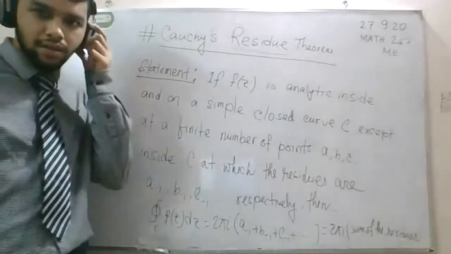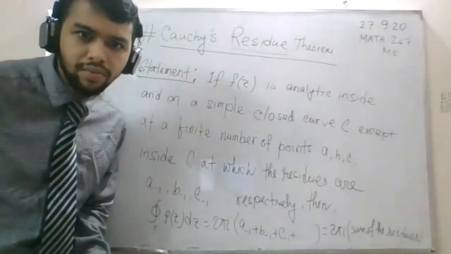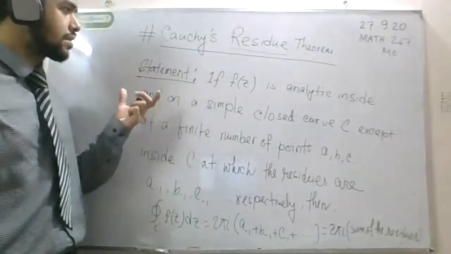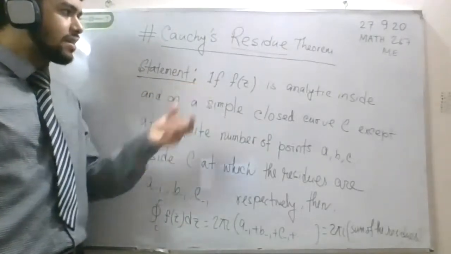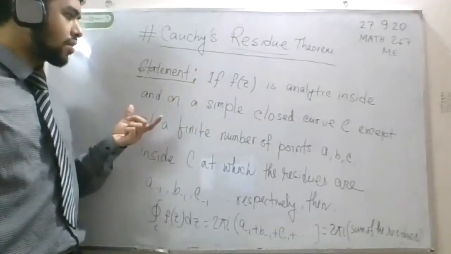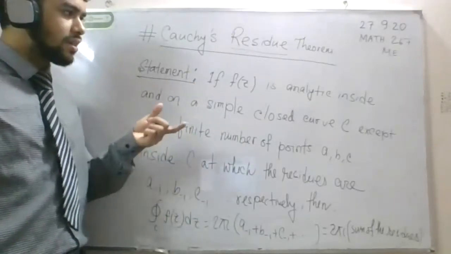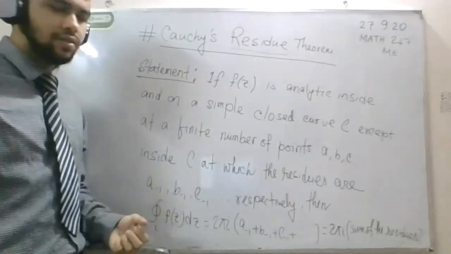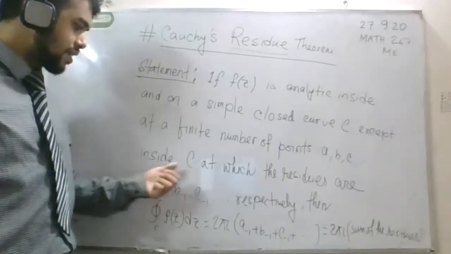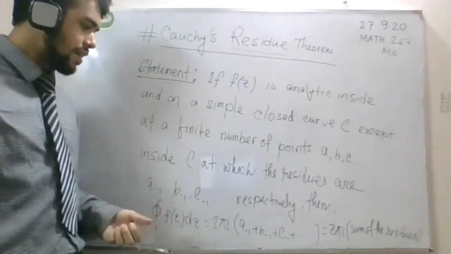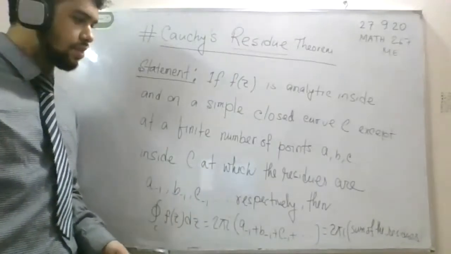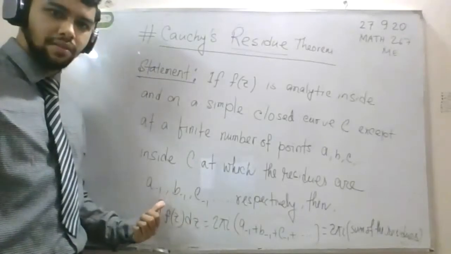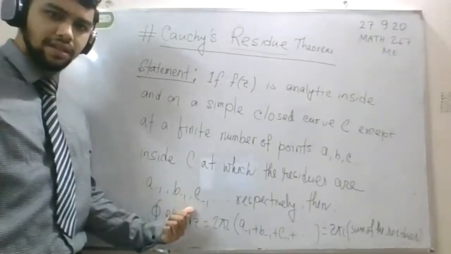Here the statement is: if f(z) is analytic inside and on a simple closed curve C, except at a finite number of points a, b, and also c inside C, at which the residues are a subscript -1, b subscript -1, and c subscript -1.